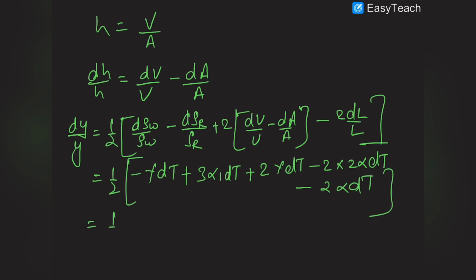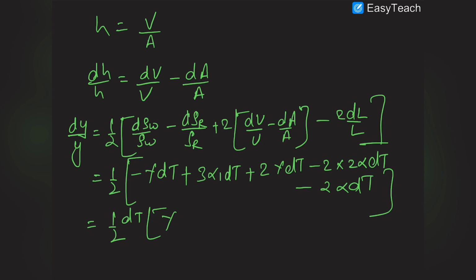So it is half. You can take dt common, and you can see that this is 2 gamma minus gamma, which is gamma, and the expansion coefficient of the container is alpha 2, so when we are writing dA by A, we have to take alpha 2.